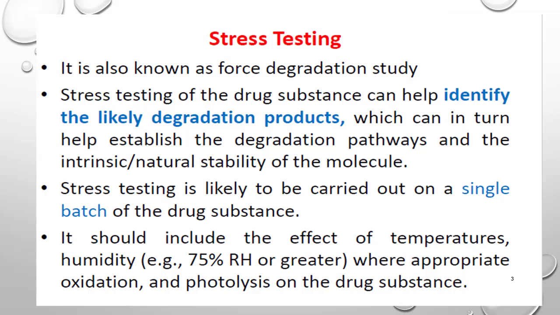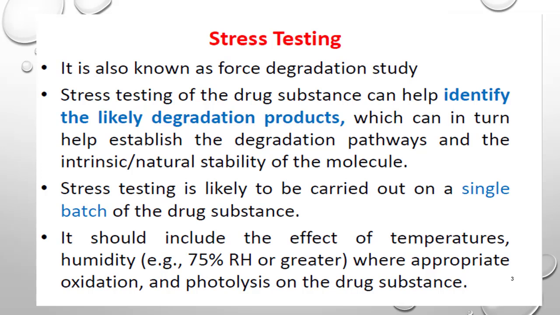Stress testing is likely to be carried out on a single batch of the drug substance. It should include the effect of temperature and humidity where appropriate, and oxidation and photolysis of the drug substance. Stress testing, which we are calling a forced degradation study, means we are trying to give extreme temperature and humidity and we want to check how stable our API is.